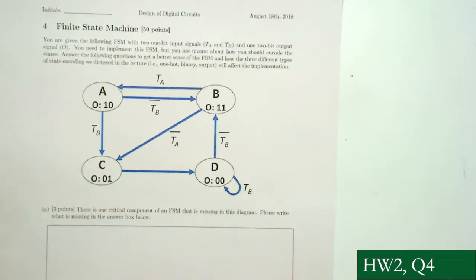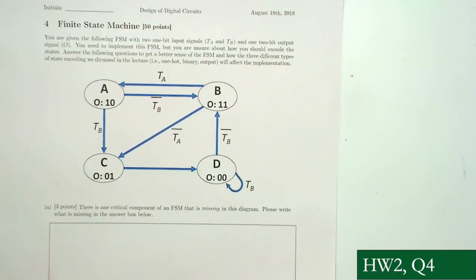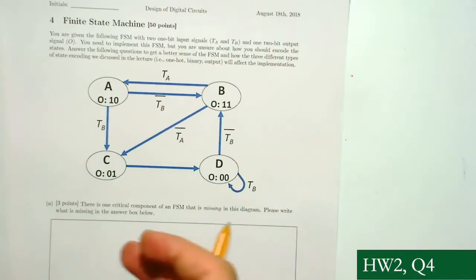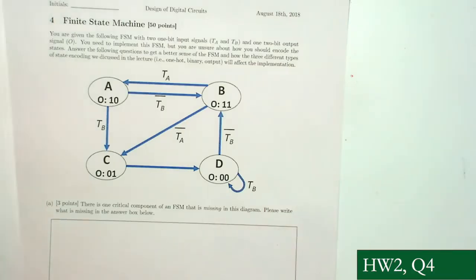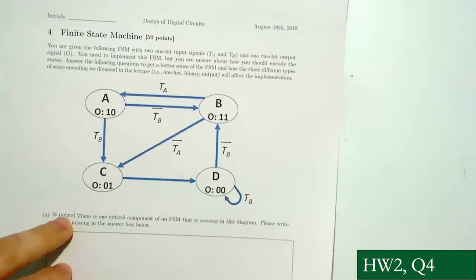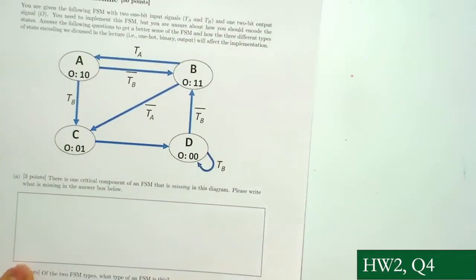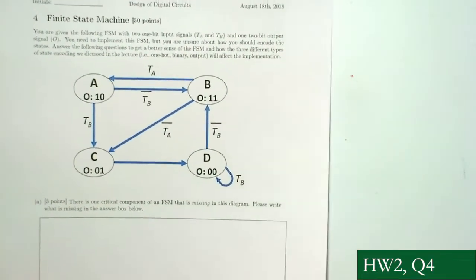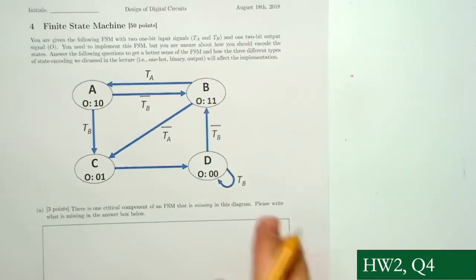And the question asks several questions related to the FSM, for example, representing it in a Boolean equation in one-hot encoding, binary encoding, and output encoding, as well as what's wrong with this representation, and we're going to try to correct it. So you can see it, right?